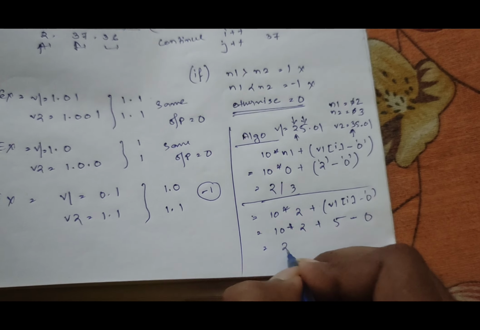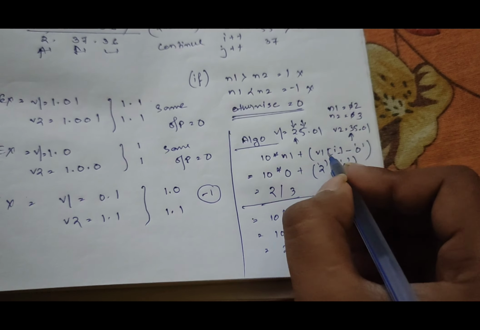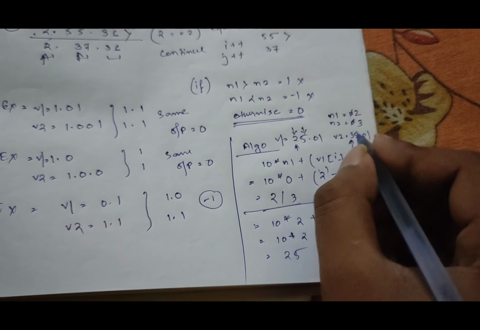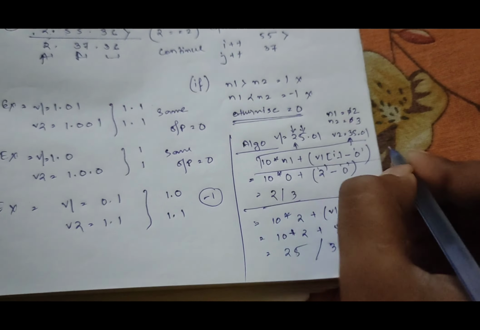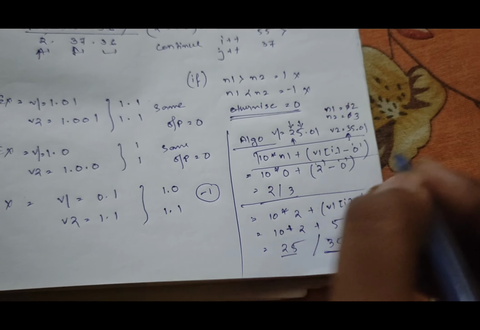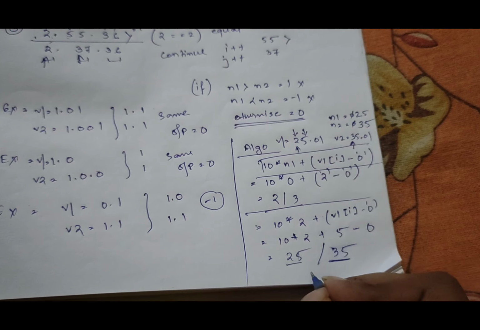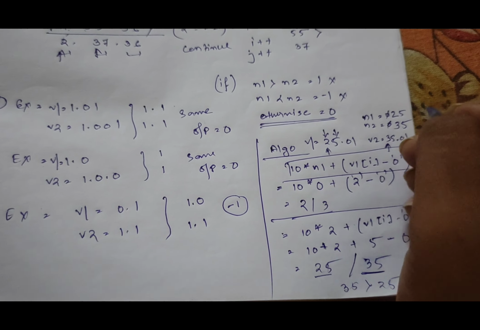So it will come 25 now. And in version 2, 5 comes and n2 is 3, so it comes 35. So you can check with this algorithm, we easily get the numbers. So n1 is 25 and n2 is 35, so 35 is greater than 25 and we return it.